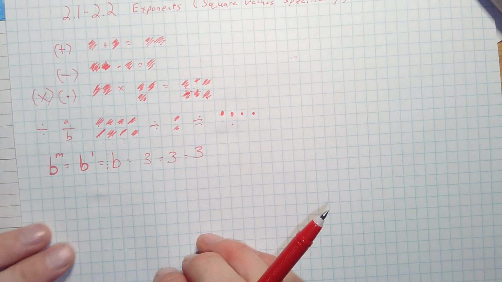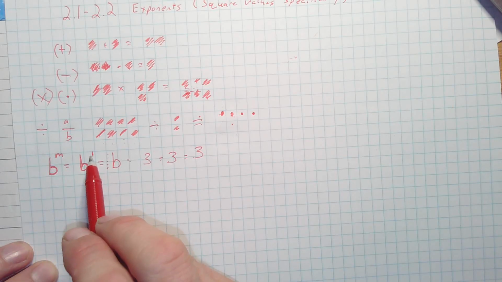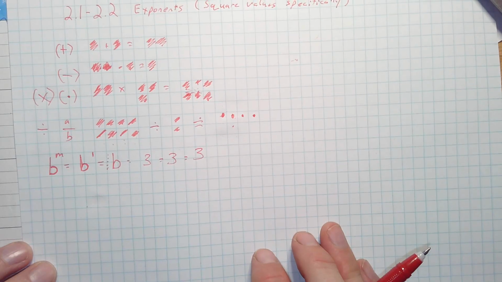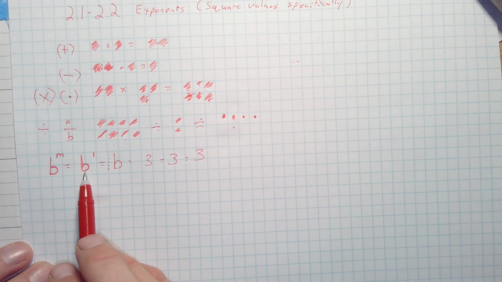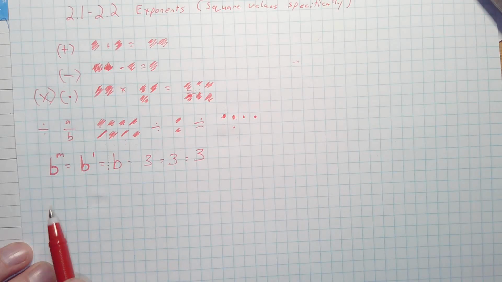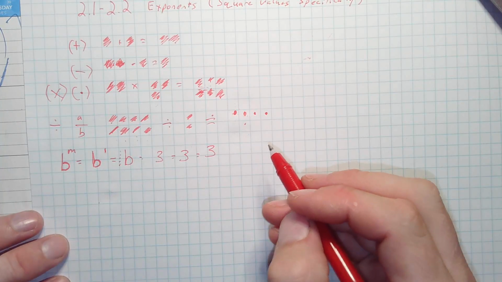But what we're going to talk about is the next one. What happens if we change this to the next number up, which is 2? A base raised to 2 is called squared. Well, why is it called squared? That's pretty simple.